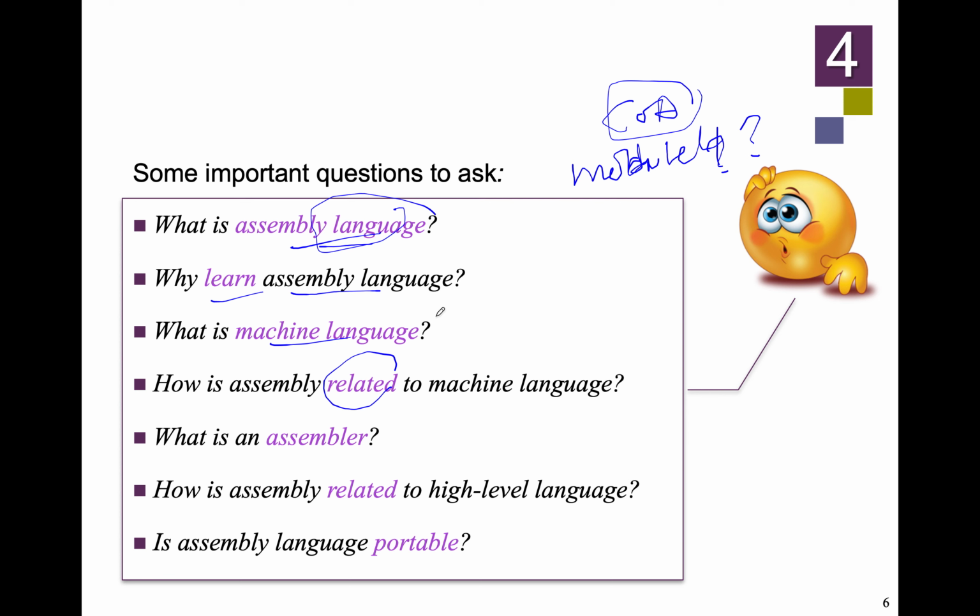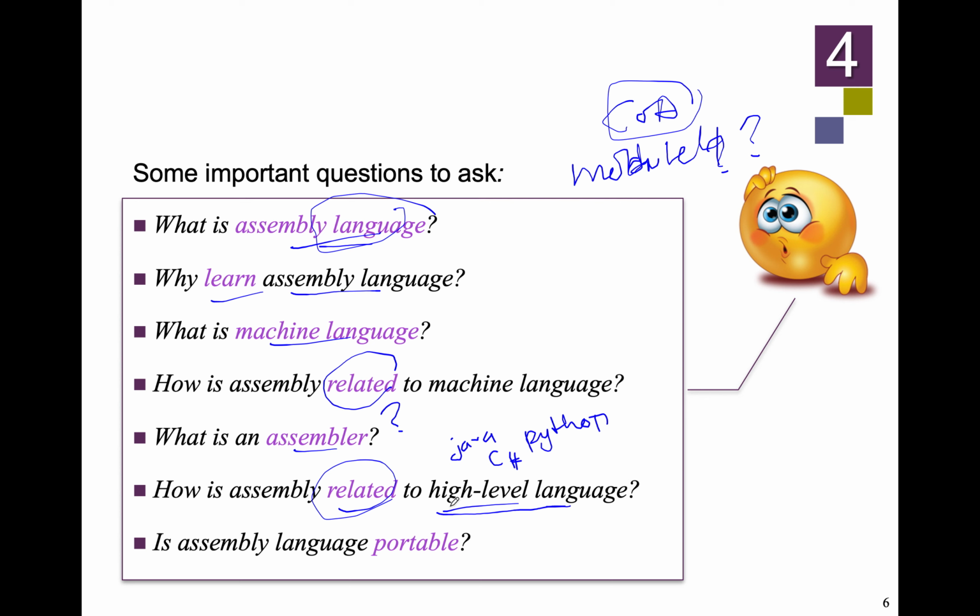And in the previous slide, I did also mention the assembler and the compiler. What is the compiler? What is the assembler? And how is the assembler related to your high level language? What is your high level language? Basically, examples like Java, C#, and you have a lot of others like Python, C programming, C++, and many other high level languages.